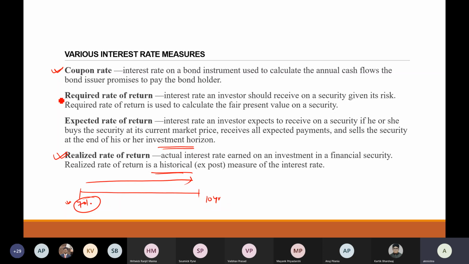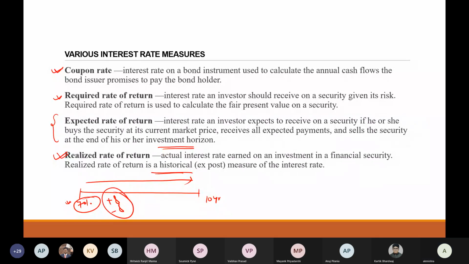So this is your required rate of return. But you also add that in future this interest rate may change. So with this, you may add some delta or subtract some delta based on your expectation about the future. In that way, your expected rate of return will vary from the required rate of return.